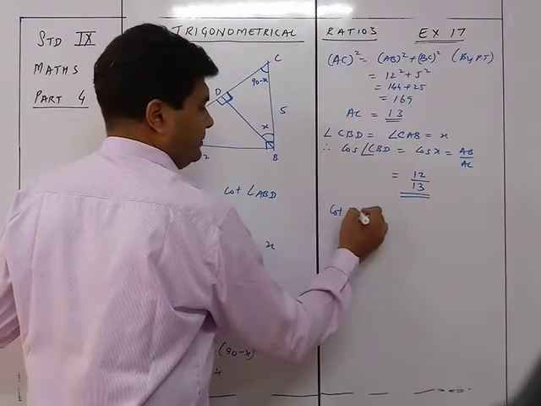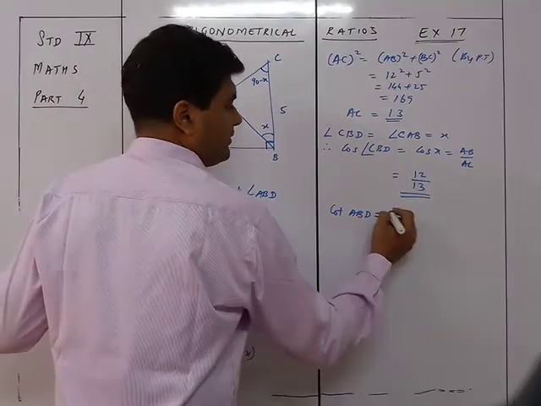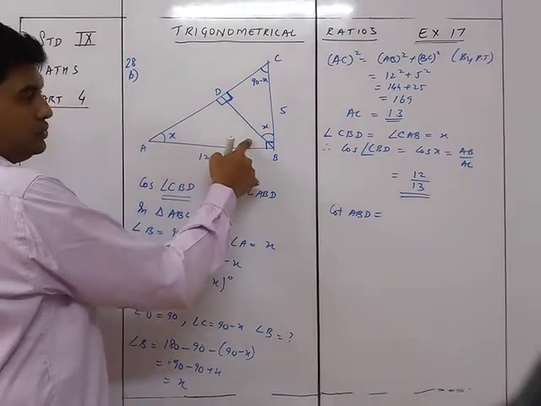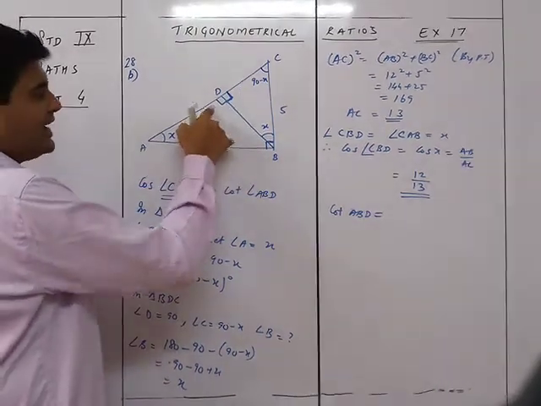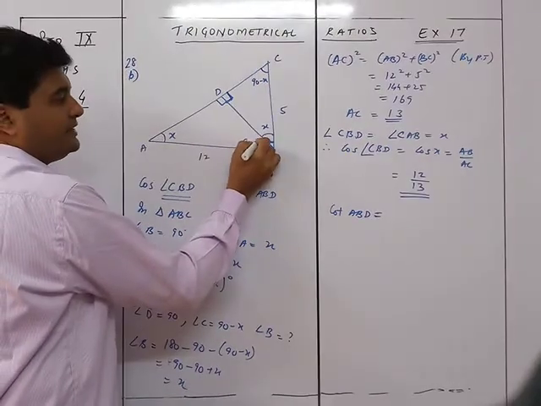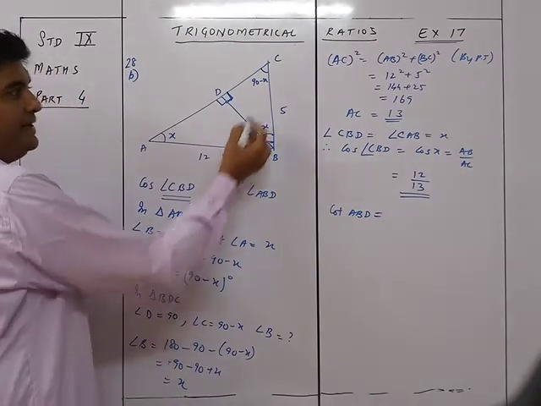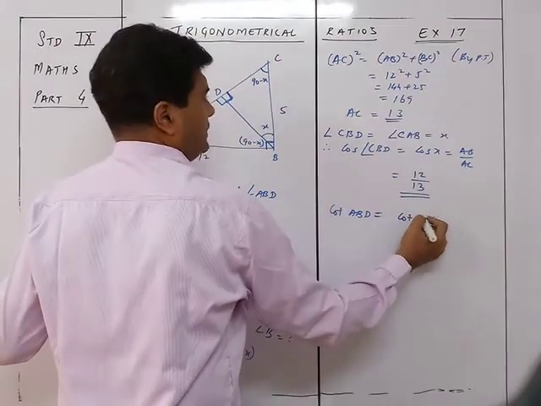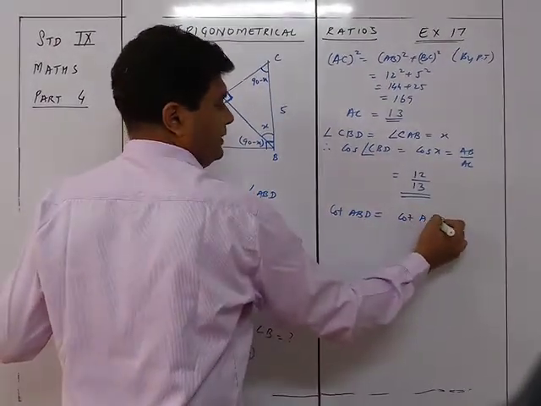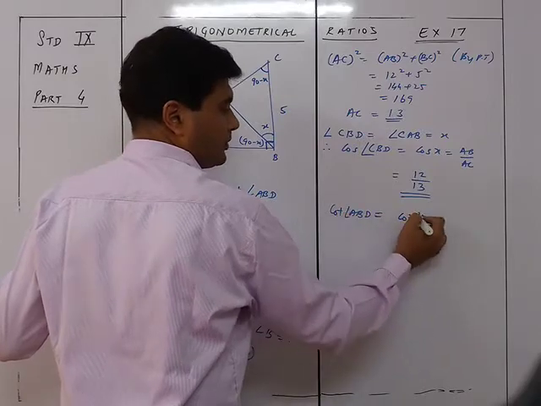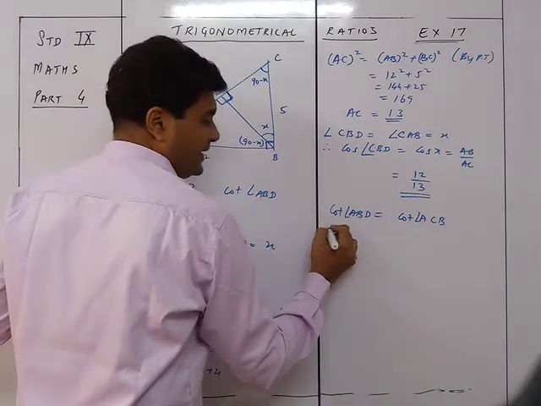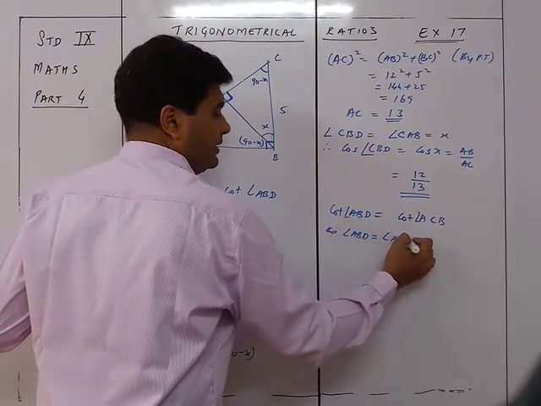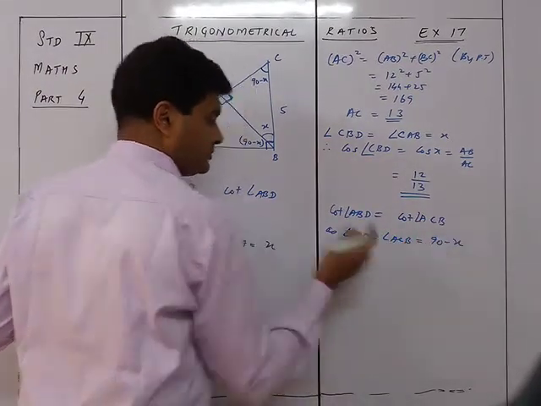Next is cot ABD. Cot ABD, this angle. So we need to find this angle. If this is 90 and this is x, this ought to be 90 minus x. So cot ABD is equal to cot ACB, as angle ABD is equal to angle ACB, which is 90 minus x.